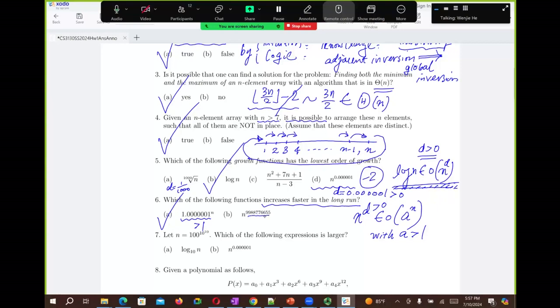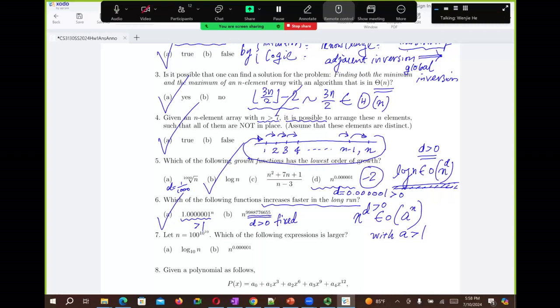Here, the exponent d is very large, but it's positive, and it's fixed. Those students who selected this one used their intuition.